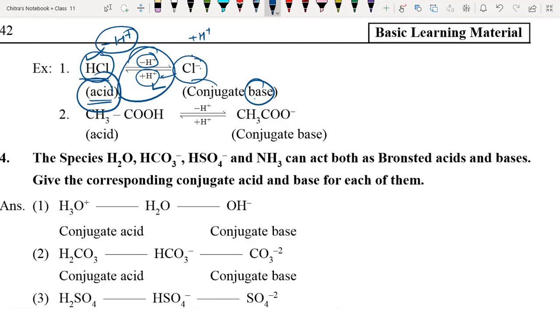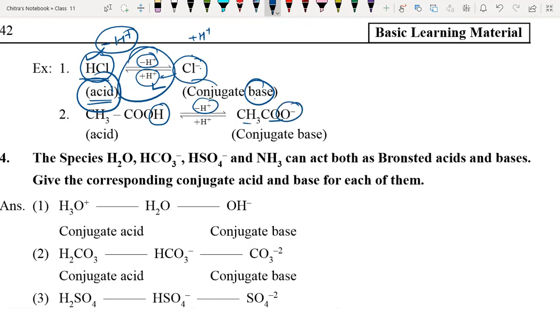Okay. Now we will understand one more example, acetic acid CH3COOH. If we dissolve it in water, it will lose one H positive ion and form CH3COO negative ion.